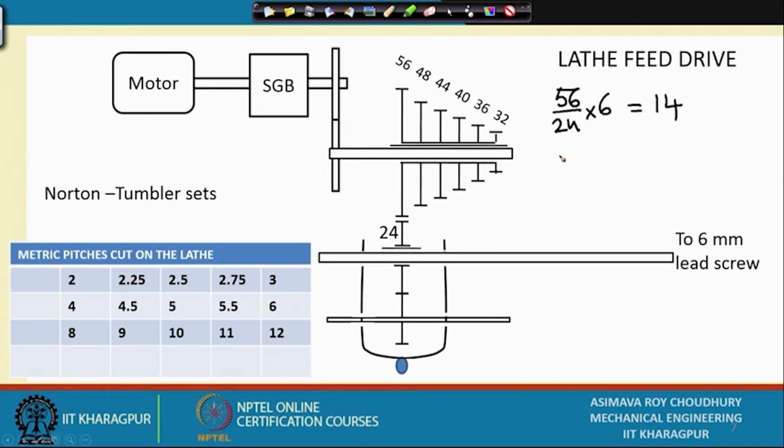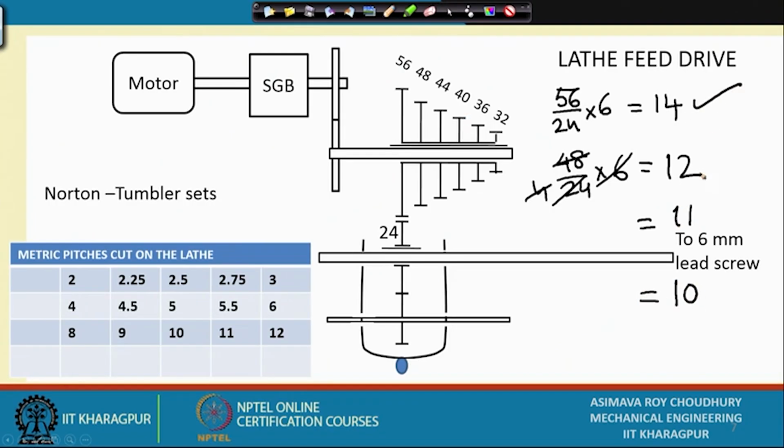If I connect to 48, I will get 12, and therefore, you can easily guess that if I connect it to 44, I will get 11, if I connect it to 40, I will get 10. So, all these millimeters of pitches are now available with me.